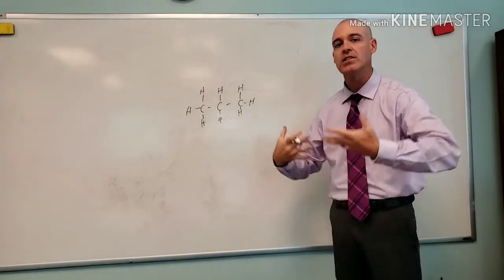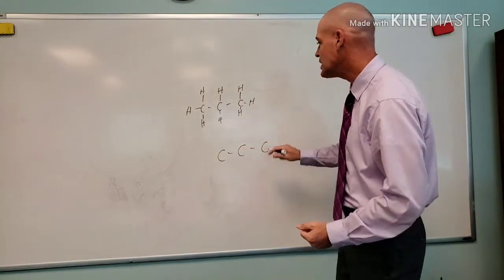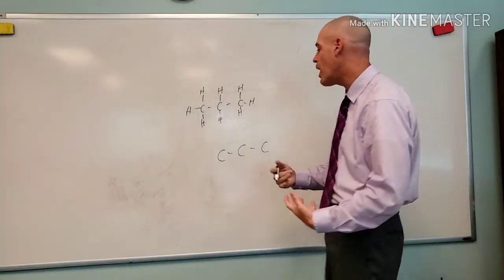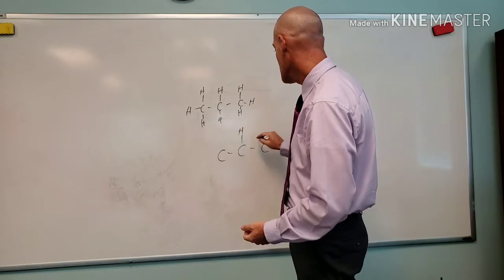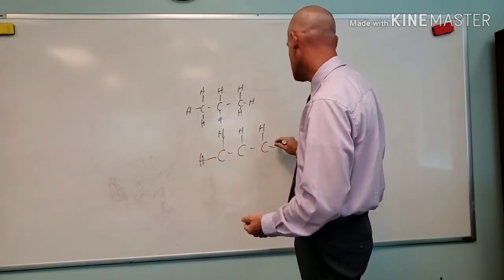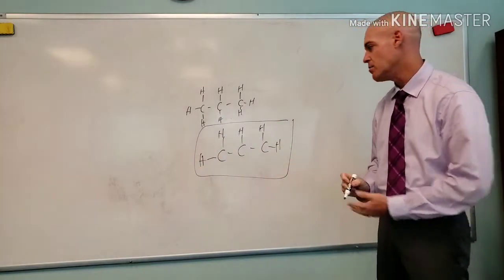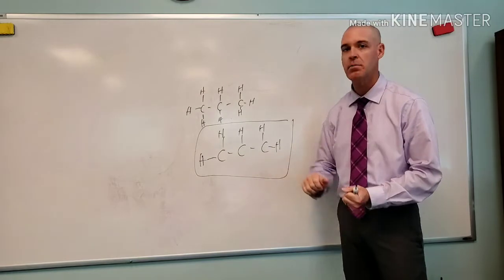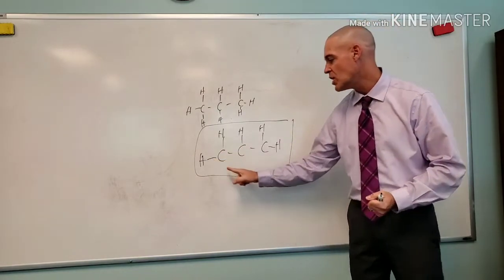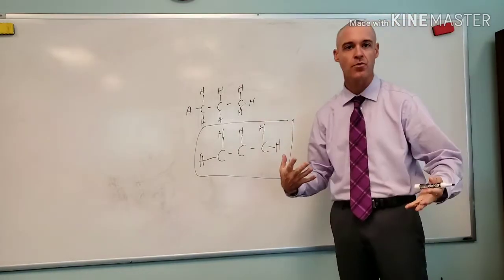What we call that is saturated. They're saturated. Versus if we were dealing with, let's say, carbons that had some missing spots. Maybe it's something like this, I'm just kind of making something up here. This would be unsaturated because it has open spots. The hydrogens do not completely surround the carbons. That's really where the term comes from.